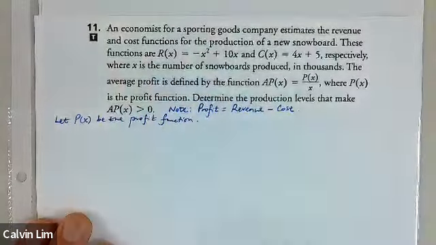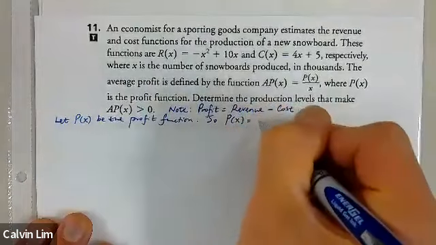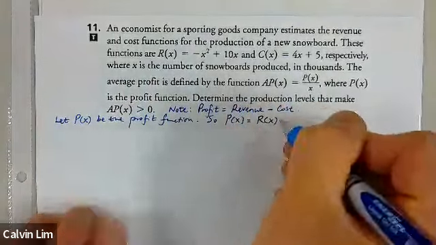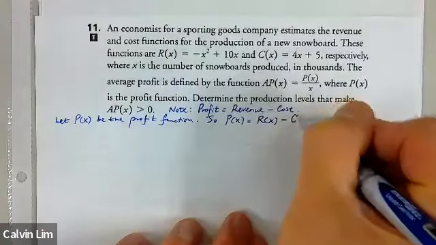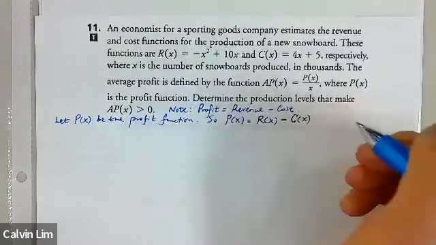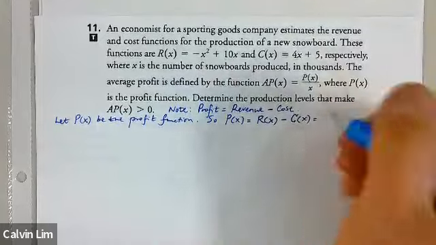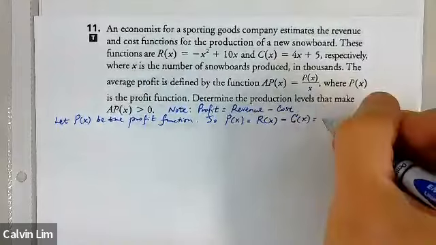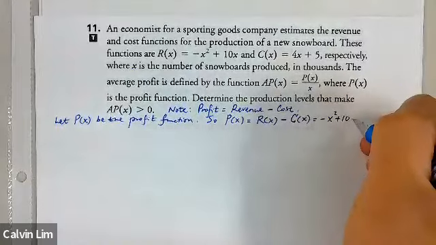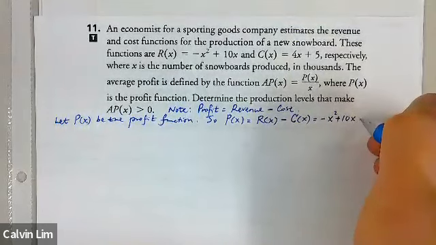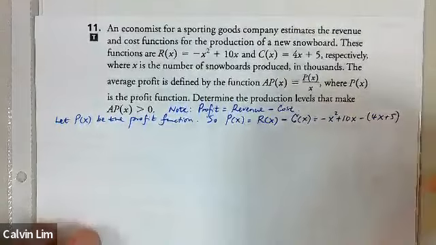Okay? So P of X equals revenue, which is R of X, take away C of X, which is the cost function. Okay. So now you just put the appropriate functions into this equation. So negative 10x squared plus x take away 4x plus 5.